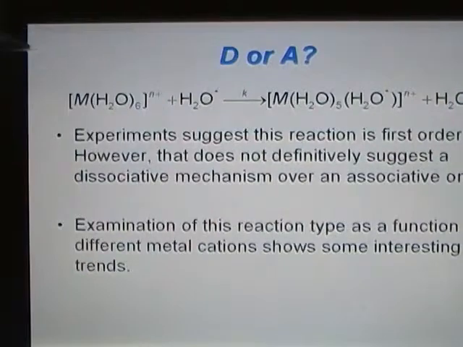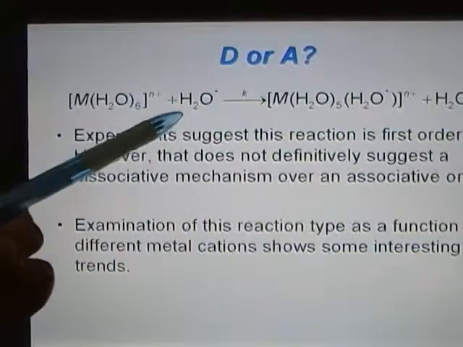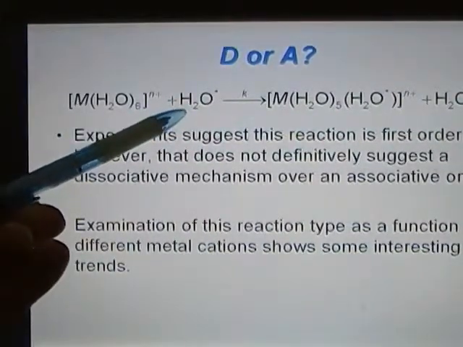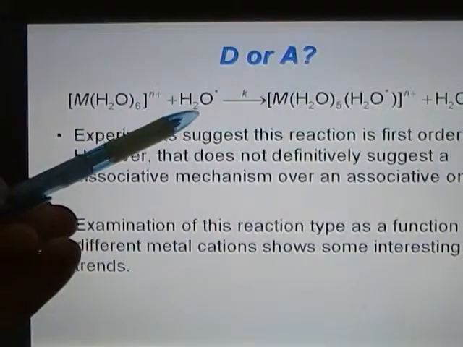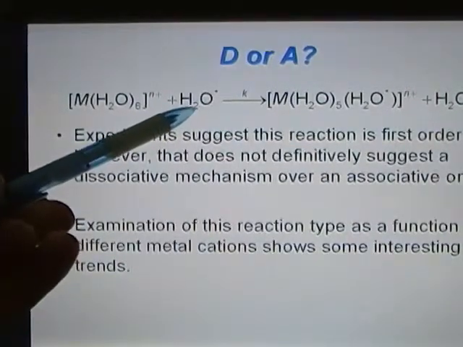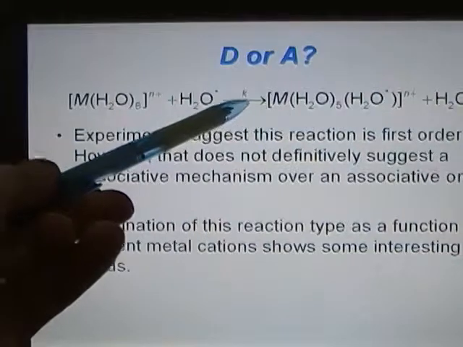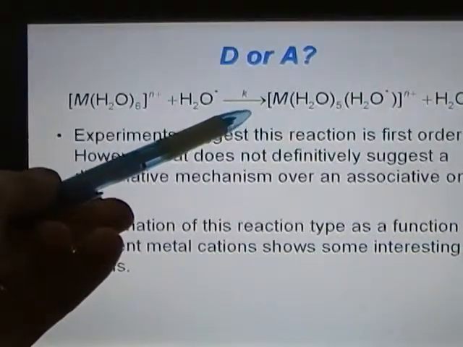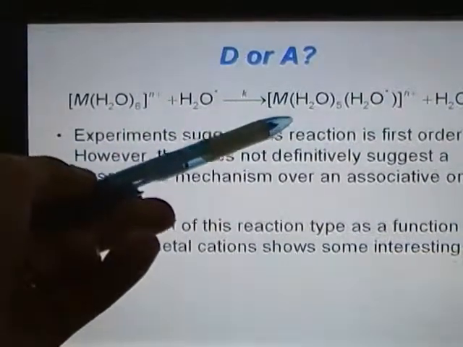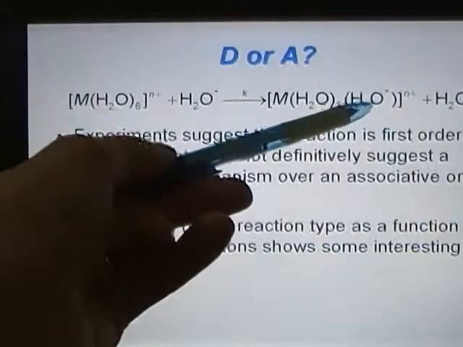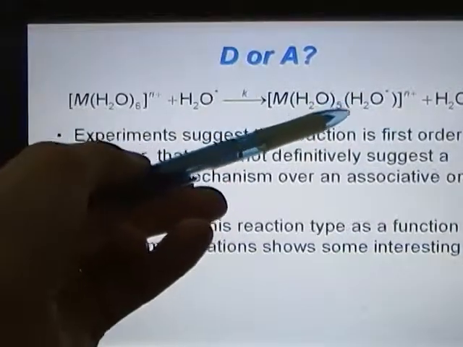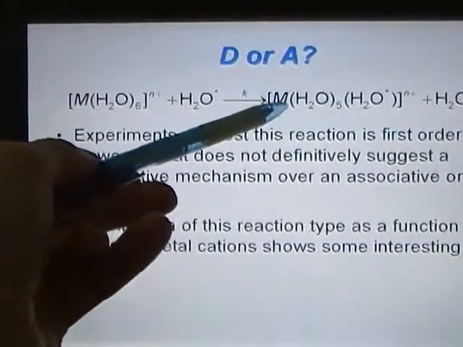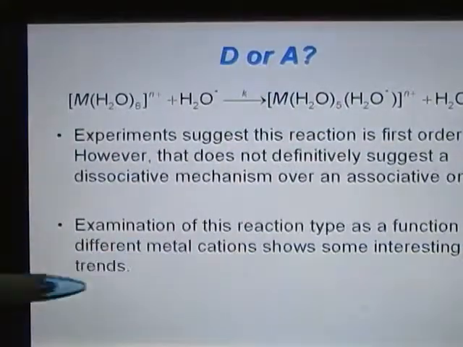The reaction we are looking at is taking a metal cation coordinated to 6 waters that are not radio-labeled. We introduce a small concentration of radio-labeled water and measure the rate of the reaction to determine how quickly the radio-labeled water is added to the coordination compound.